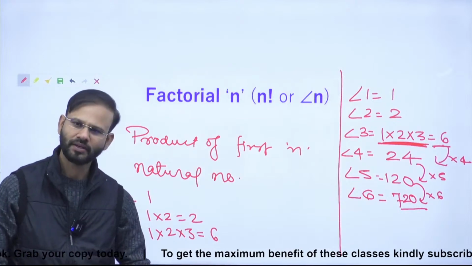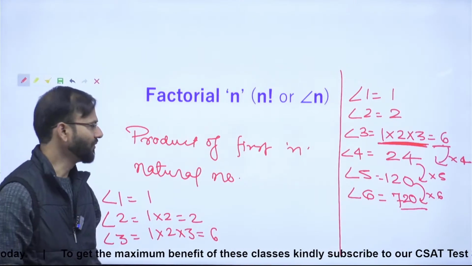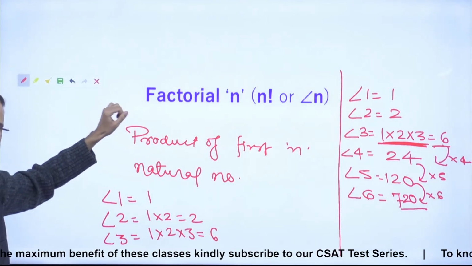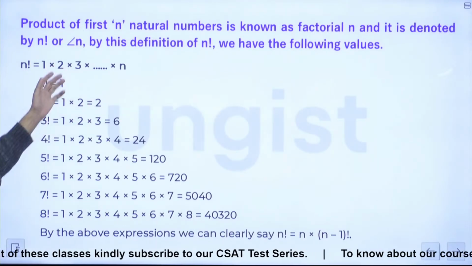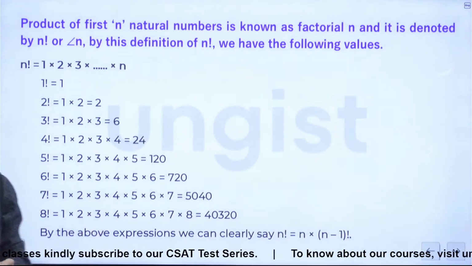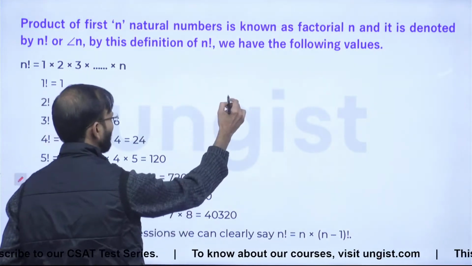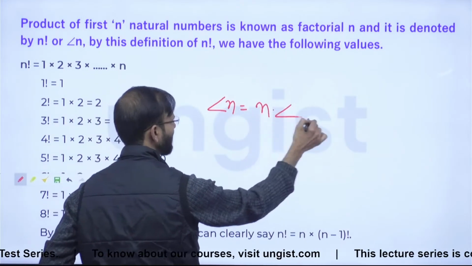Okay. Let's discuss one question based on it, guys. A very simple question. One more thing I will tell you. There is one observation. Here, factorial n can be treated as n into (n minus 1) factorial.